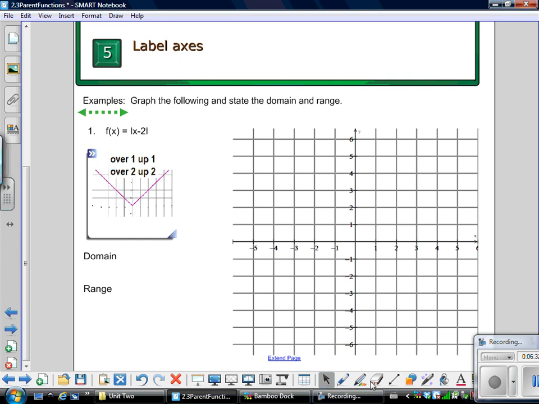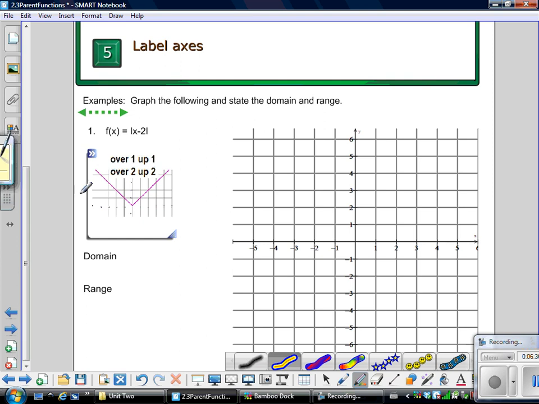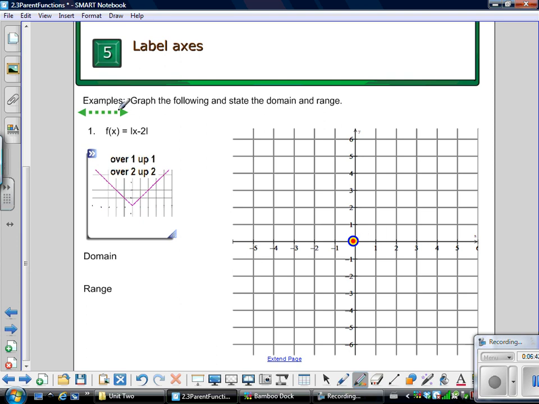So what I'm going to do now is draw my little points. Normally the vertex would be at (0, 0). But because the x value has been changed, and remember it's in the opposite direction, my new vertex is at (2, 0). Then I follow my step pattern: over 1, up 1, over 2, up 2.